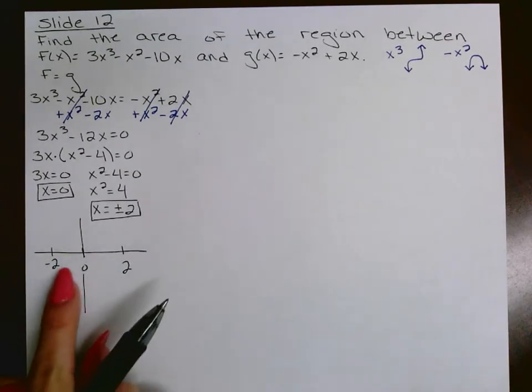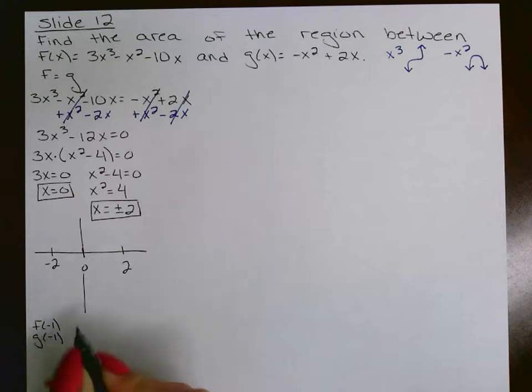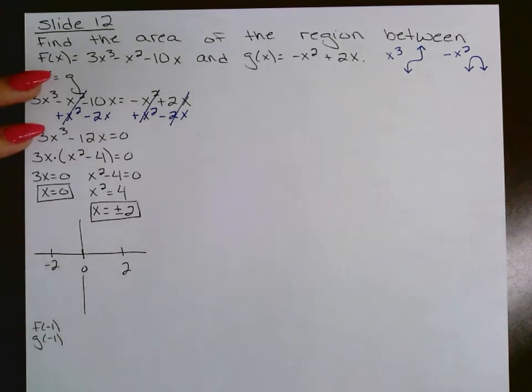So what is an easy number to test in between negative 2 and 0? Negative 1. So I need to test f of negative 1 versus g of negative 1. Okay? So when I go set up my integration, I'm going to have to do 2 sets of integrations for this question. One for each of the bounded areas, and then I add their quantities together.